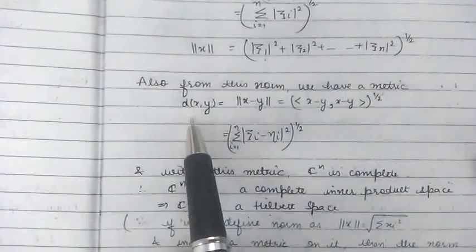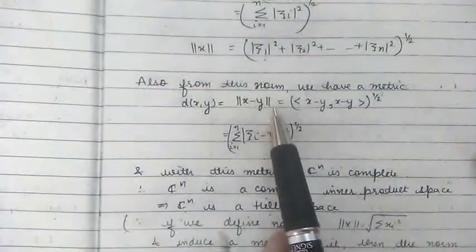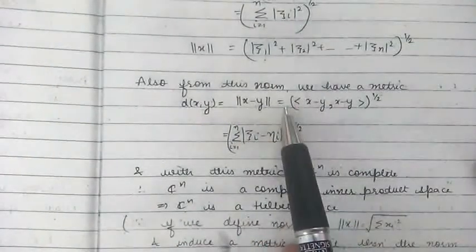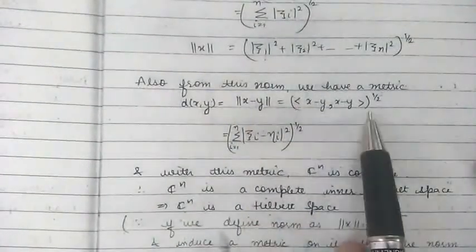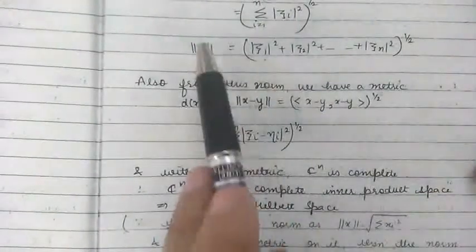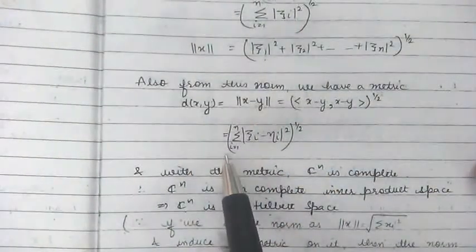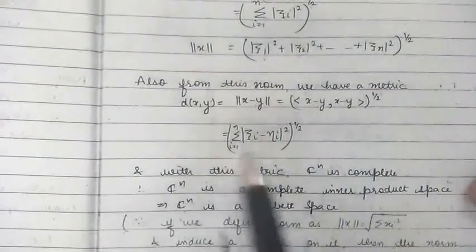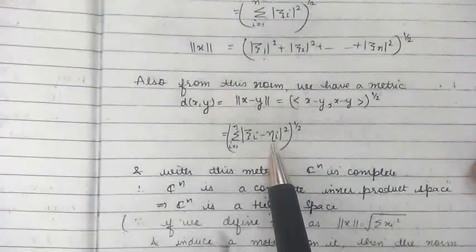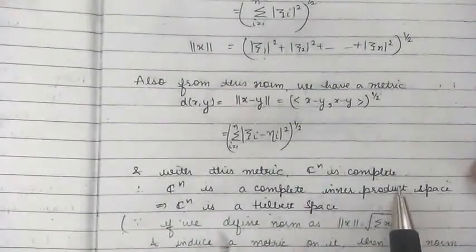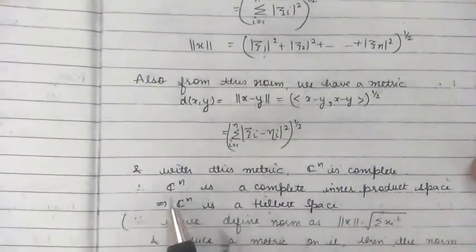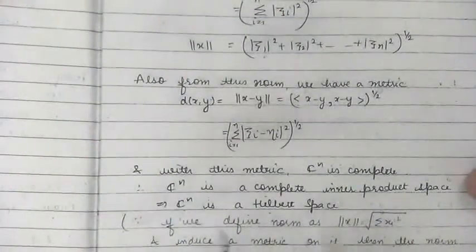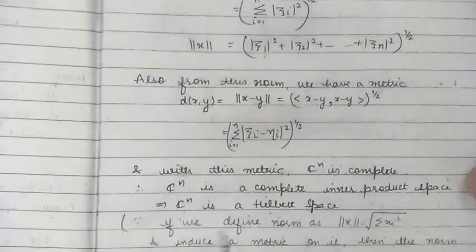Distance between X and Y is equal to norm of X minus Y. So norm of X minus Y means square root of inner product of X minus Y with itself. Now by using this definition, this will become square root of summation mod of xi minus eta square. Under this metric, the space Cn, that is complete. So we have proved Cn is complete metric space, and this complete metric space, that is called Hilbert space.